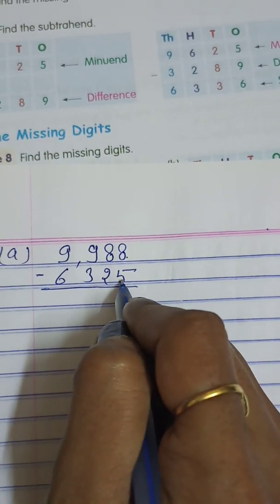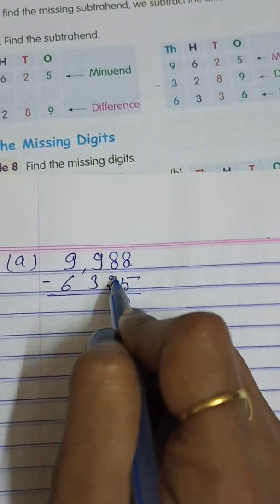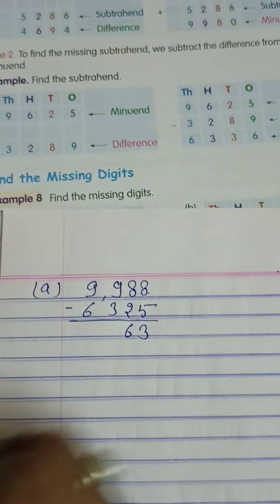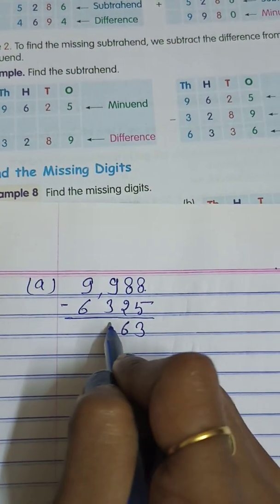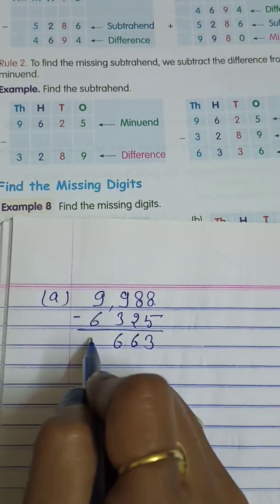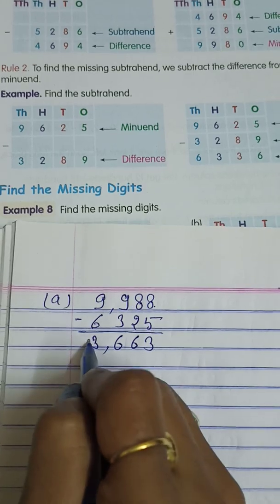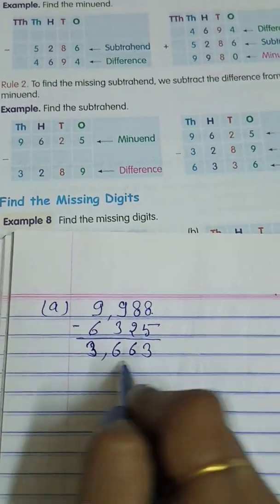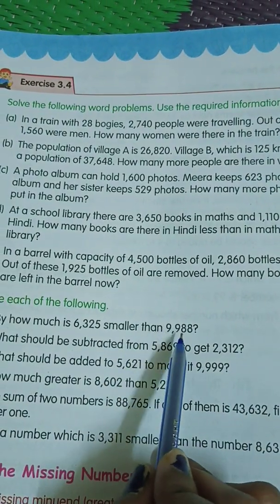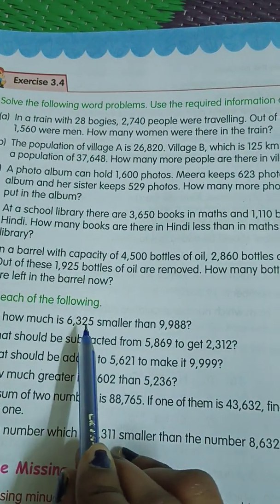What do you get? 3. Here you have to minus 2 from 8. You get 6. Minus 3 from 9. You get 6. Minus 6 from 9. You get 3. So this is your answer. The smaller number than this is this.